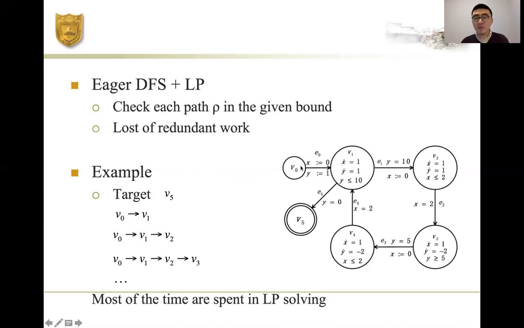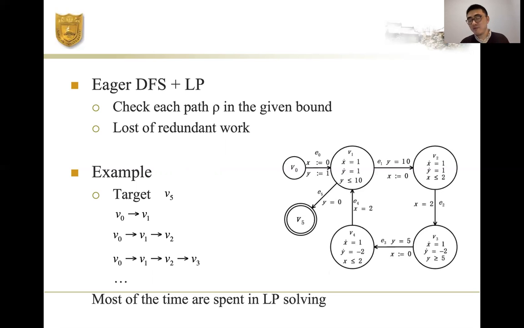When we do V5, if you remember the illustration I just gave, we check path 0 to 1, then 1, 2, then 1, 2, 3, and so on. Before we check the path that reaches 5, we do a lot of LP solving for different path segments to see whether the prefix of the path is feasible or not.